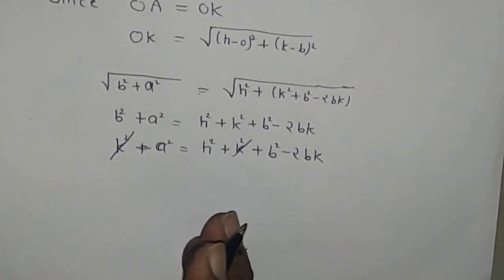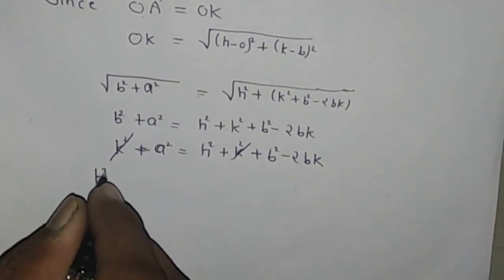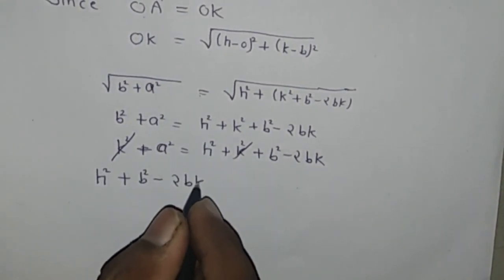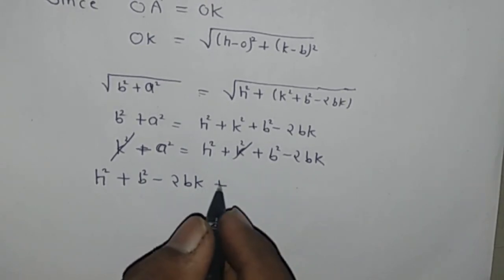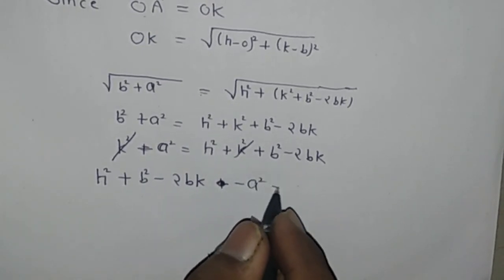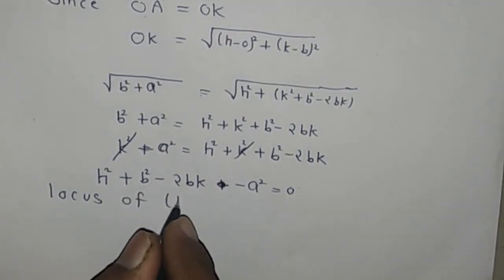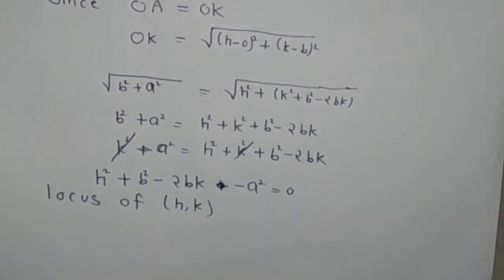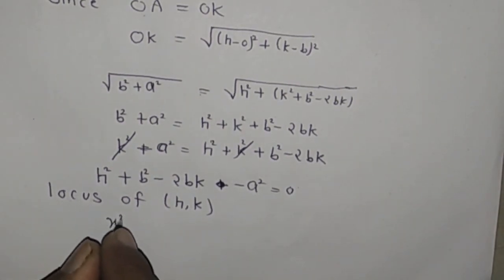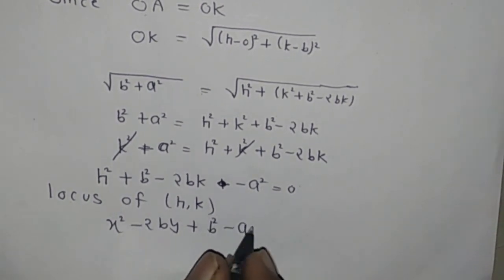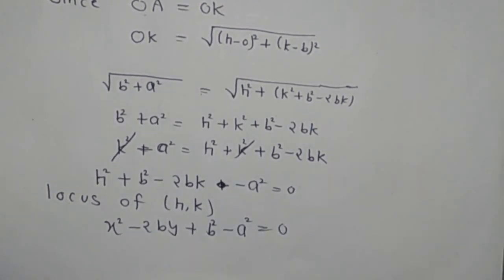We have an equation in terms of h and k is h square plus b square minus 2bk minus a square. Now locus of h comma k, we replace h comma k by x comma y. We have x square minus 2by plus b square minus a square, which is required equation of required locus of the center.